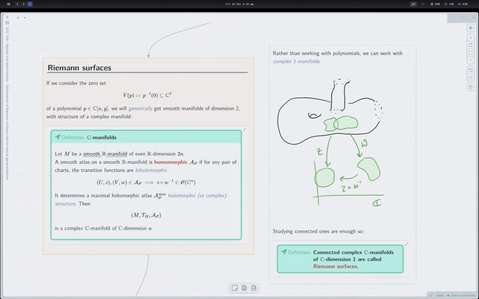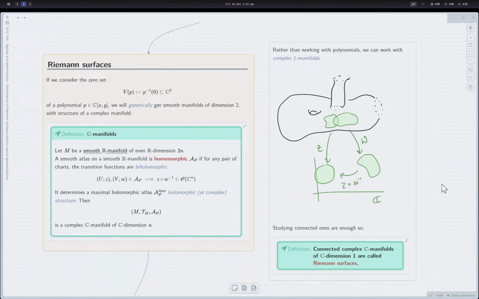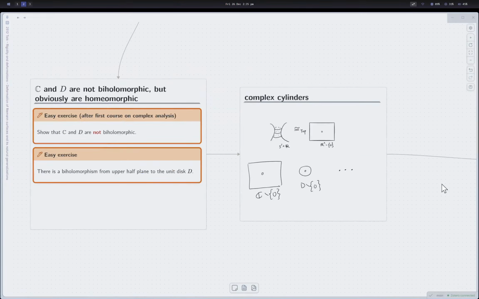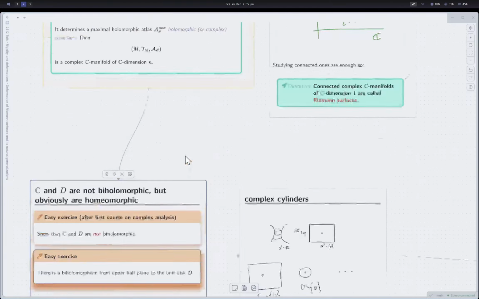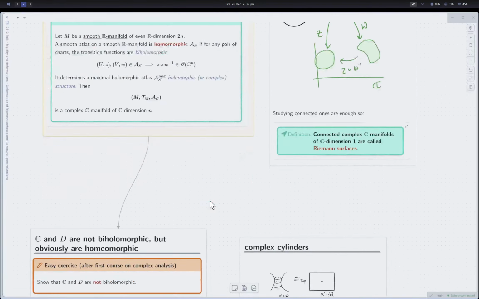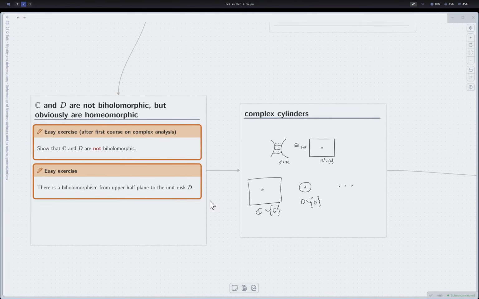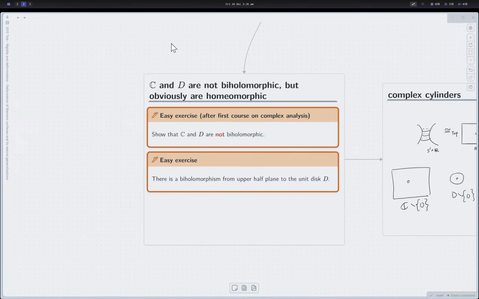And then we wish to generalize that idea into higher dimensions or different cases. So easy examples of Riemann surfaces are open subsets of C. So C is an open subset of C, and the unit disk is an open subset of C. So we can ask if these are biholomorphic.